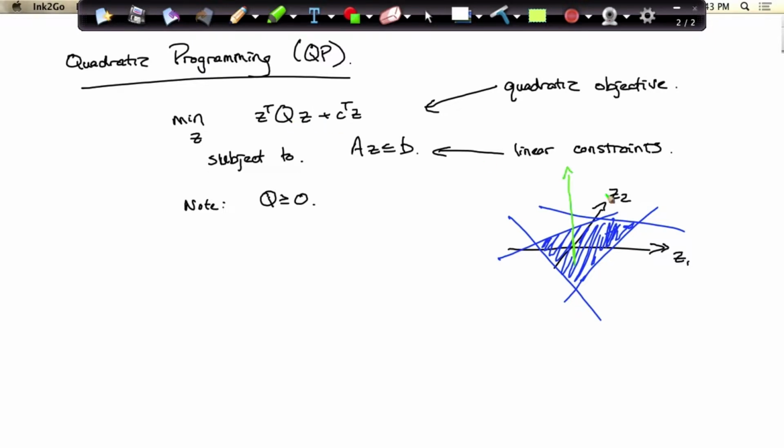I also have some quadratic objective, which is a quadratic bowl that sits on top of that. I have to find within the set of feasible points the minimum of that quadratic bowl. You can imagine that if it's upside down, then that's a lot harder. I could be smashing into any one of the corners, and that gets to be combinatorially bad. But if it's an upright bowl, then I go to the minimum. Everything's good.